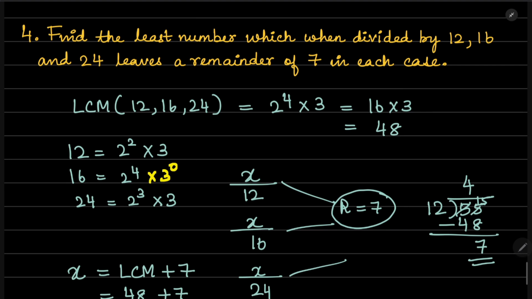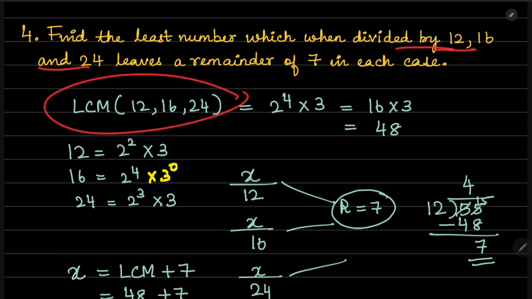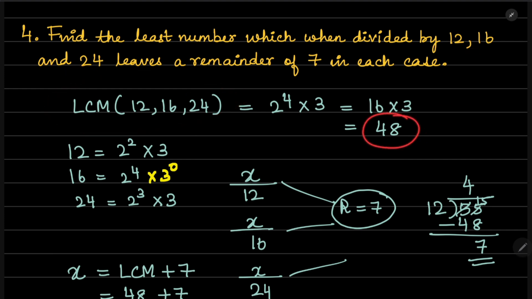So how should you do this problem? The minute you see, find the least number which when divided by the three numbers leaves a remainder, immediately find out the LCM. 48 is the number which can perfectly get divided by 12, 16 and 24. But they want you to find that number which when divided by all the three will leave a remainder of 7.